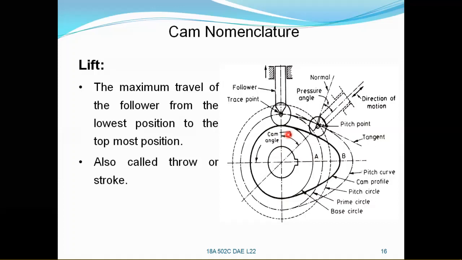And the angle through which the cam is rotating during the stationary period of the follower is called dwell. So once again, base circle, prime circle, pitch circle, cam profile, pitch curve, pitch point, pressure angle, cam angle, trace point, and lift are the nomenclature of cam.